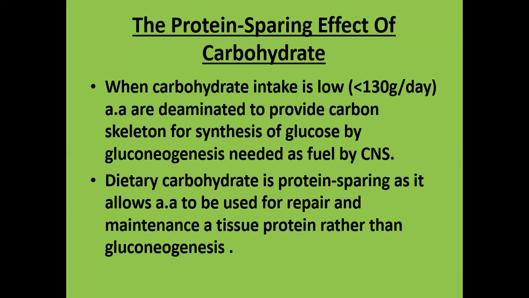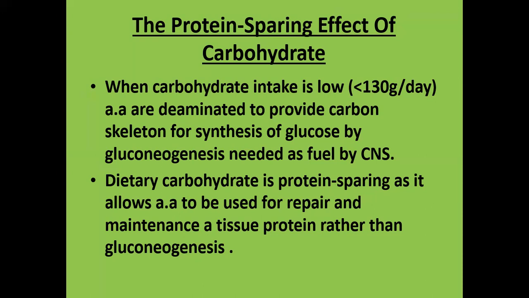Amino acids are deaminated to provide carbon skeleton. The amino group is converted into urea, and the carbon skeleton of the amino acids, when carbohydrate is not available, when it is less than 130 grams, is used for glucose synthesis and gluconeogenesis. Thus, protein requirement is increased.